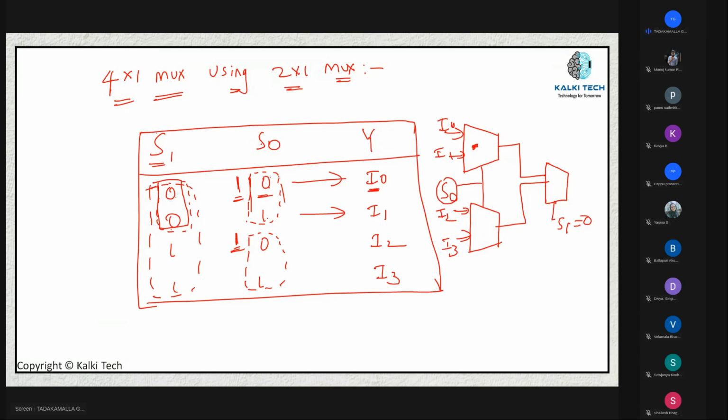And if S0 is equal to 1 and S1 is equal to 0, this I1 will be selected. And if S1 is equal to 1, then this second pattern will be selected. So S1 equal to 1, this one will be selected, that is I2. And if S1 is equal to 1 and S0 is equal to 1, your I3 will be selected. So this is how you are going to identify and build your multiplexers.